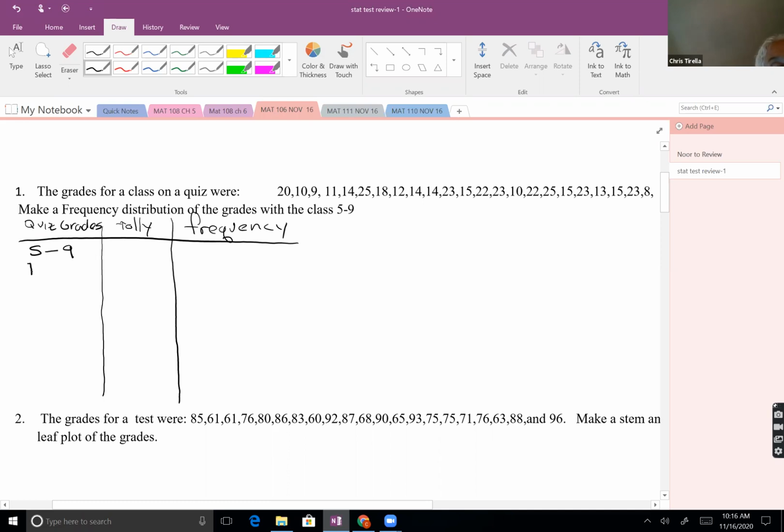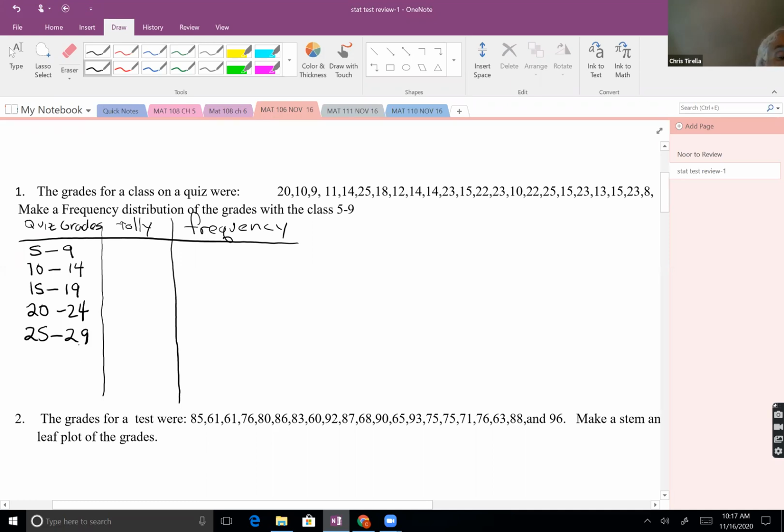So the next class would be 10 to 14. And our class widths are going to be 5. So the next class will be 15 to 19. Then 20 to 24. And yes, there is 125. So then we'll have 25 to 29.